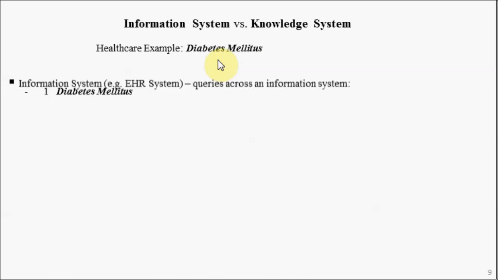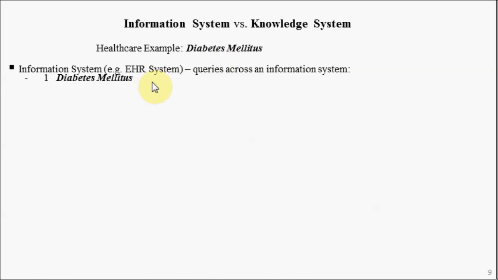So let's look at an example that further illustrates the difference between an information system and a knowledge system. We're going to look at a healthcare example, the notion of diabetes mellitus. In an information system, such as an electronic healthcare records system, you can ask queries that are specific with regard to diabetes mellitus. Tell me all patients in the hospital that have diabetes mellitus.